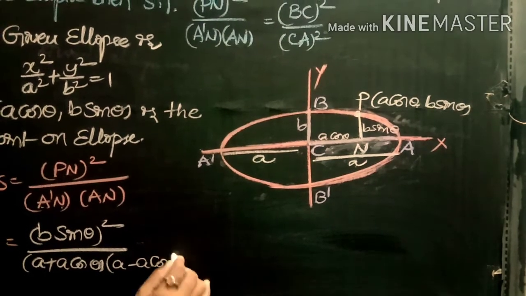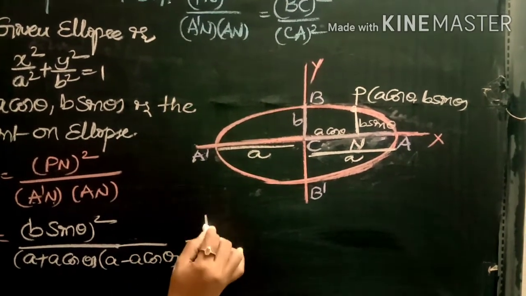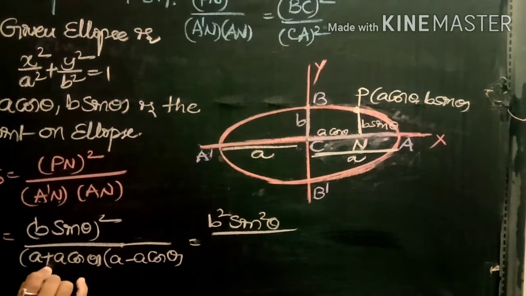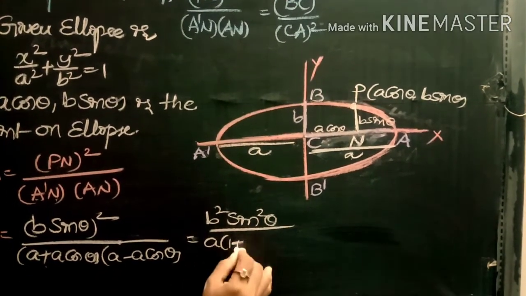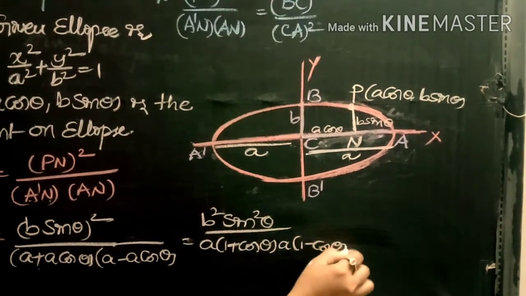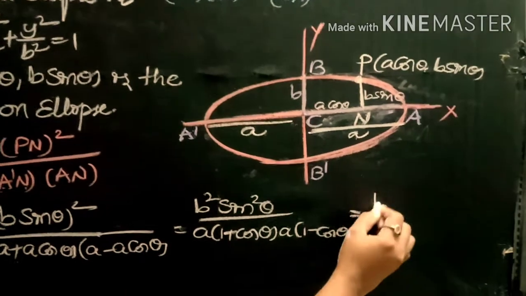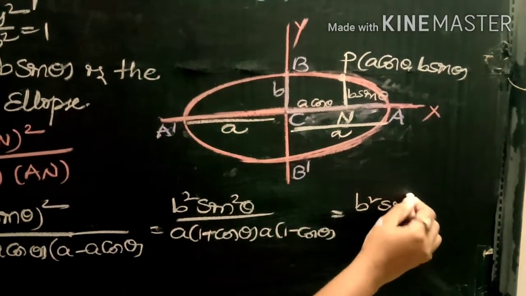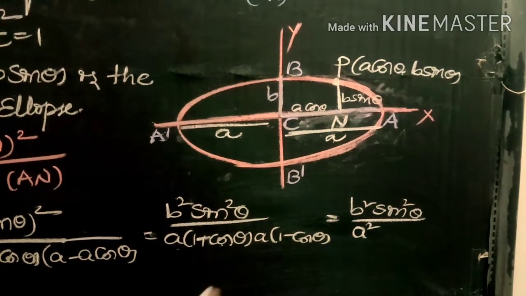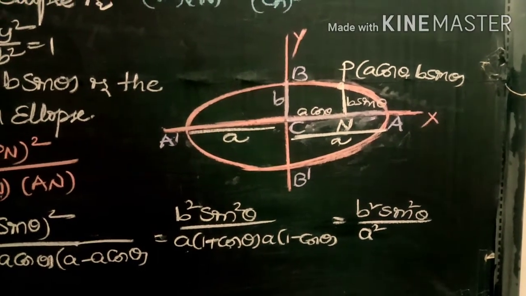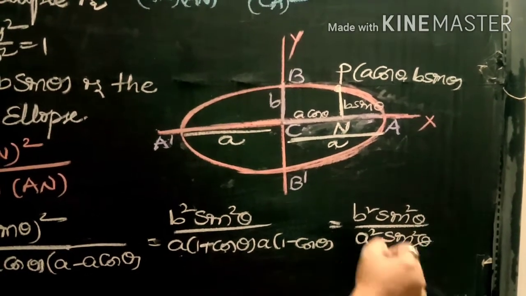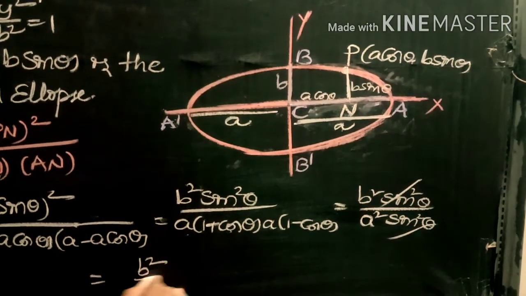So this is equal to b square sin square theta by, taking a common here, a into 1 plus cos theta into a into 1 minus cos theta, which is equal to b square sin square theta by a square into 1 plus cos theta into 1 minus cos theta, that is 1 minus cos square theta, which is equal to sin square theta, and this is equal to b square by a square.